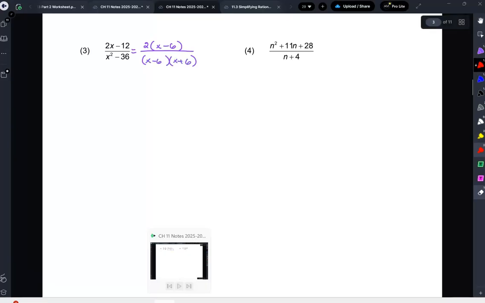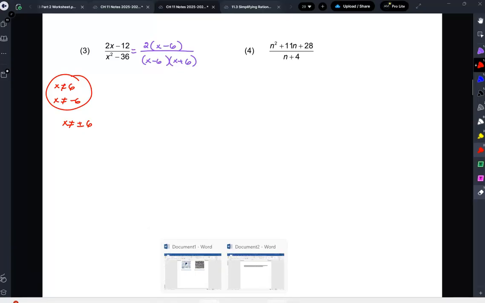Do you have the excluded values for this? Correct. So by the way, you can also say x cannot equal plus or minus 6. Okay? I reduce and I have 2 over x plus 6.